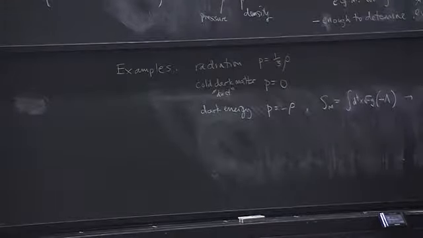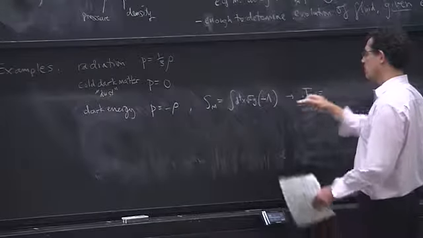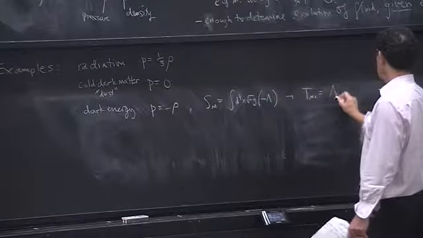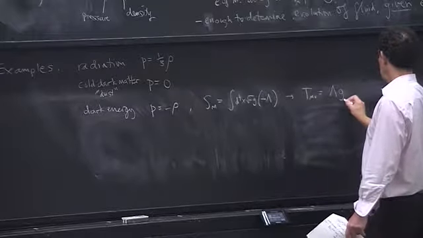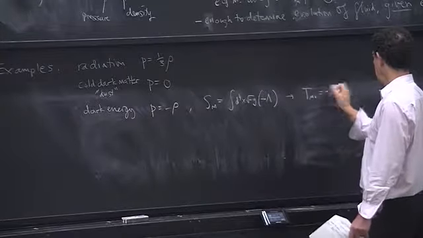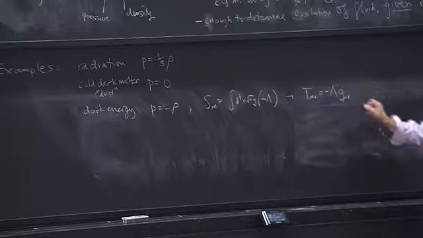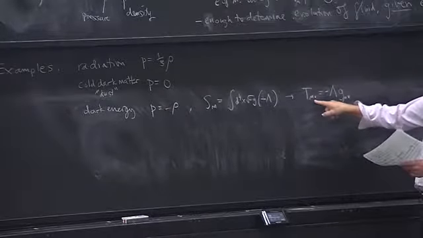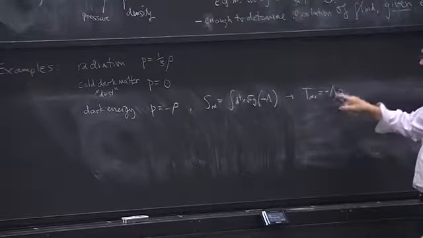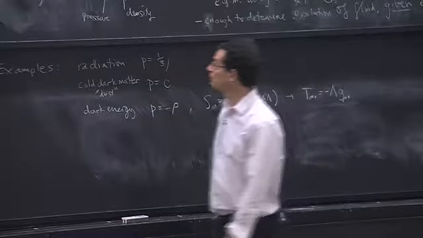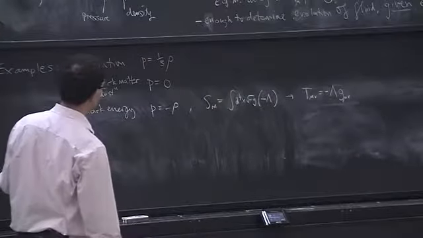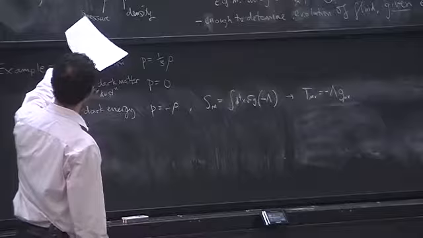And now when you work out T^{μν}, varying this, you're going to find minus Λ g^{μν}, so that T^{00}, which is the energy density, is Λ in these FRW coordinates.